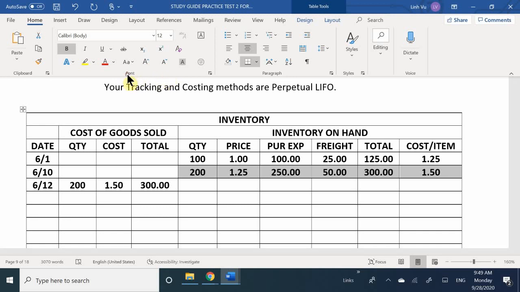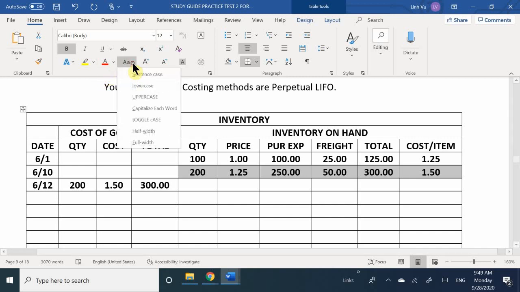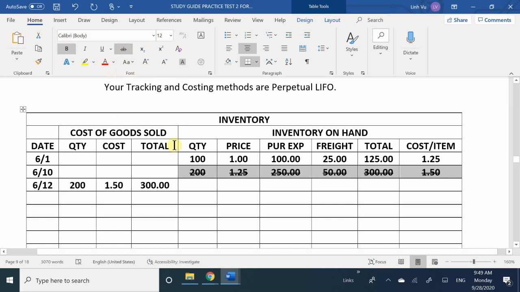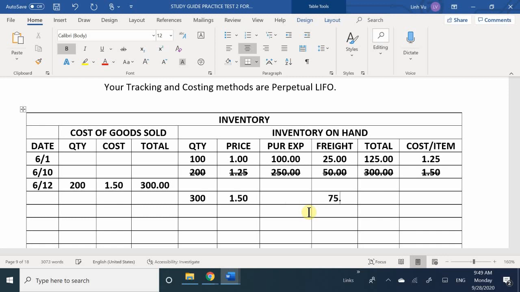I'm on Word. It should be able to, oh, right, it's right here. Okay, so there you go. I eliminated that. So, 300 at $1.50 each, and freight was 75.